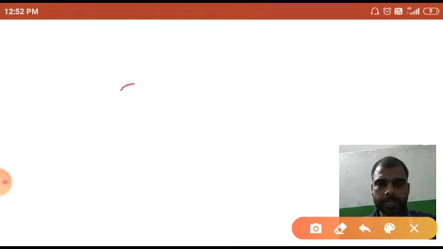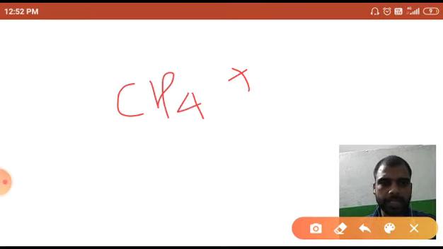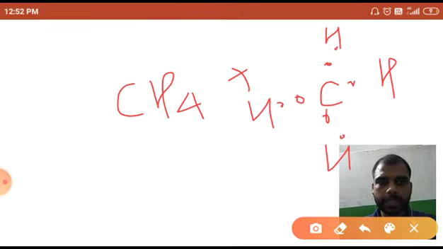Here, CH4, the first one was methane, and we can see how it will share. As we know, carbon has 4 electrons, 1, 2, 3, 4. Hydrogen has 1 electron in its valence shell, so you can write the hydrogen nearby, in front of the carbon electron.